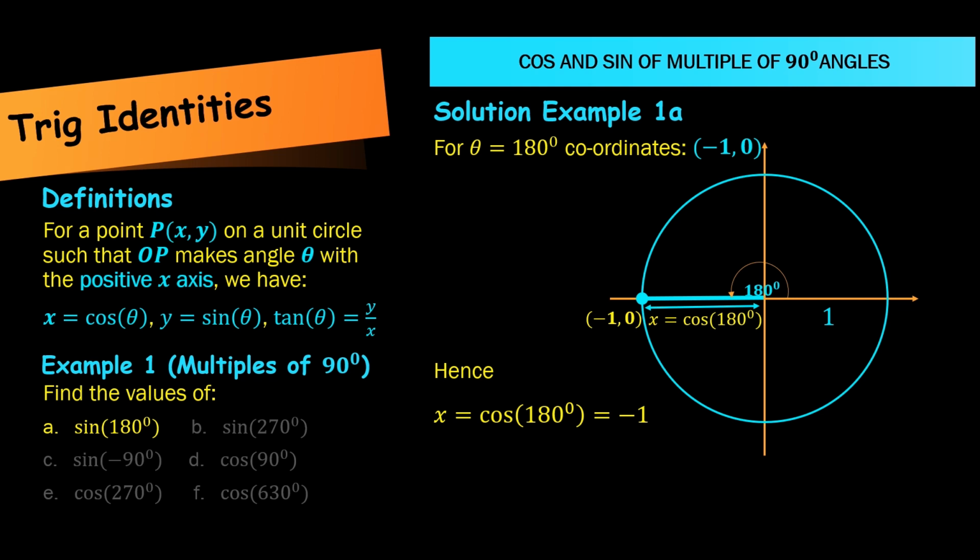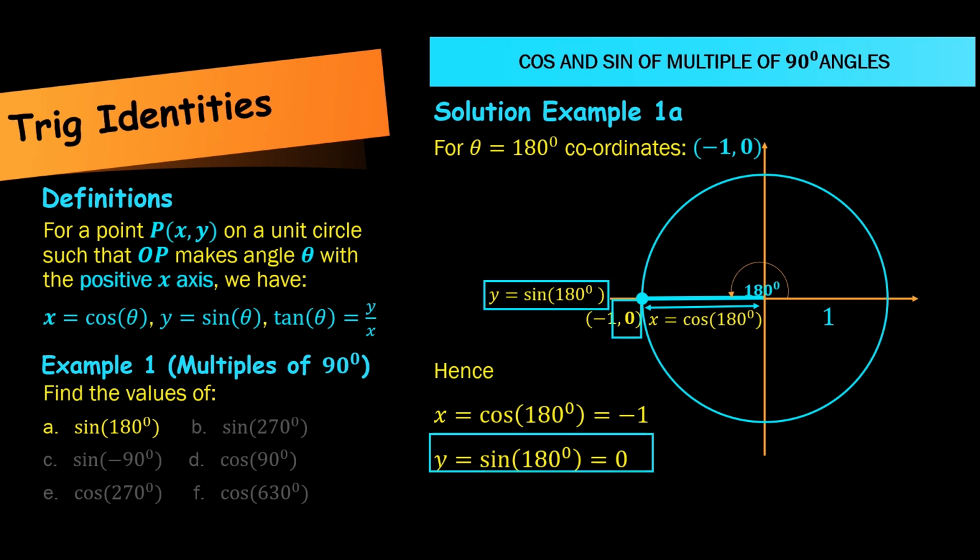So therefore, x equals cos 180 degrees, which is the definition, which equals minus 1. And y equals sine 180 degrees, which is again from the definition, which equals 0.